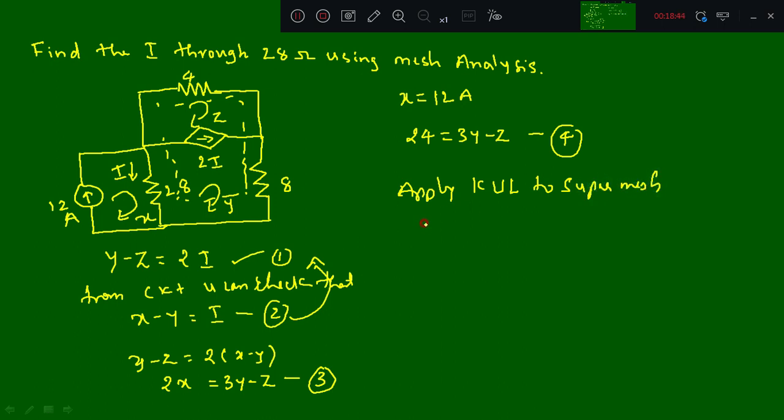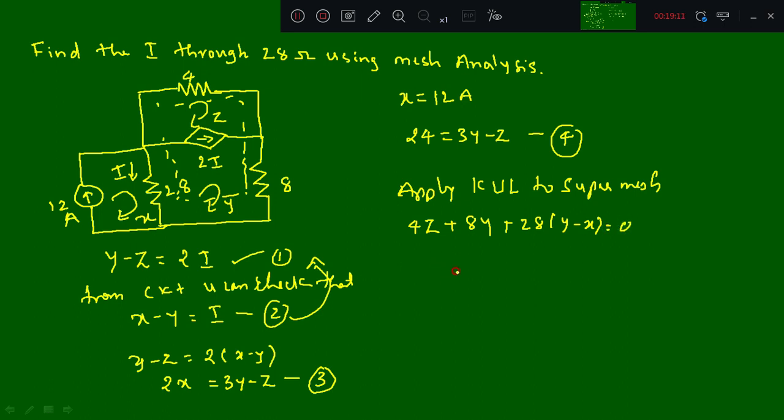I will get it as, if you apply, it becomes 4z plus 8y plus 28 into y minus x is equal to 0.